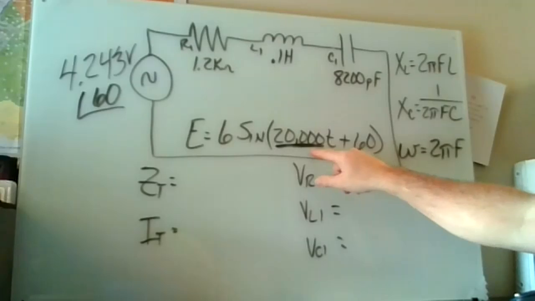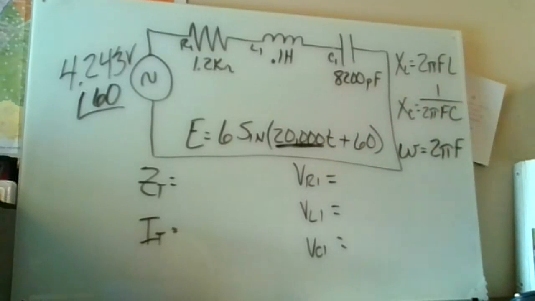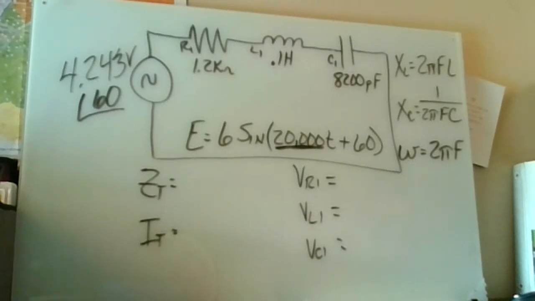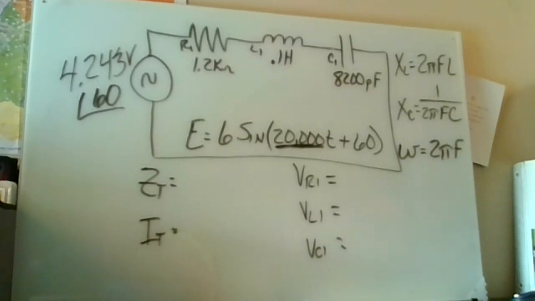So I'm going to plug this number in both of these equations for 2 pi f, multiply by my inductor value and my capacitor value, and then take the reciprocal of that number for the capacitor. I don't have to worry about the frequency because I gave you omega, which is 2 pi f. And I get my X of L and my X of C values. Now I have everything in ohms.